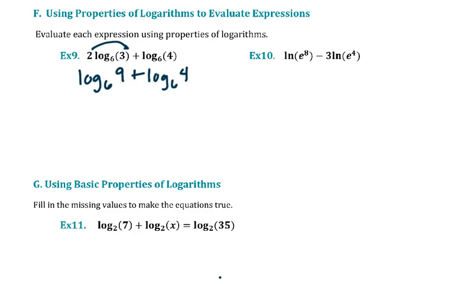And then because of the plus sign in the middle, I can multiply those. So this becomes log base 6 of 9 times 4, which is 36. So in this situation, 6 to what power equals 36? My answer is 2.